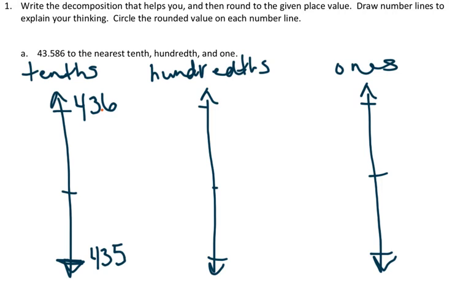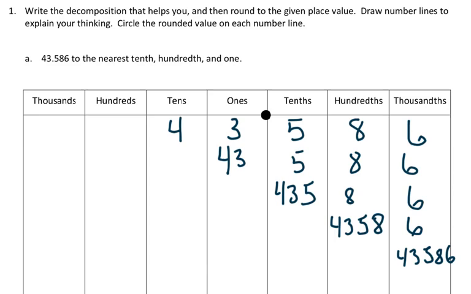I know that 43 and 586 thousandths is going to be between 43 and 5 tenths and 43 and 6 tenths. So now I'm just going to look and see. If I look at my chart from the previous page, I'm looking at my tenths here. I know I had 43.5 and I had 8 hundredths.